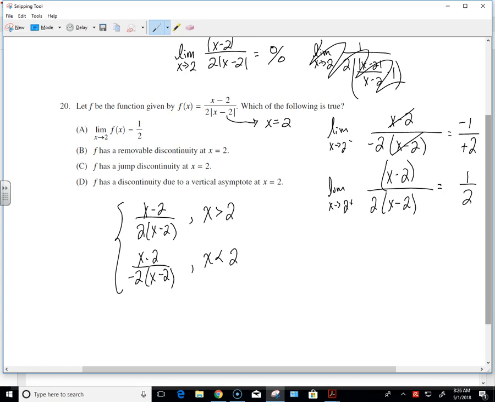If I plug in higher than 2, that's a positive. If I plug in higher than, well, that's always a positive. So from below, I get a negative 1/2. From above, a positive 1/2. And what happens if they don't agree? The limit does not exist if it says from two sides. And if the limit does not exist because they disagree, there will be some sort of jump, which is why the correct answer should have been C.